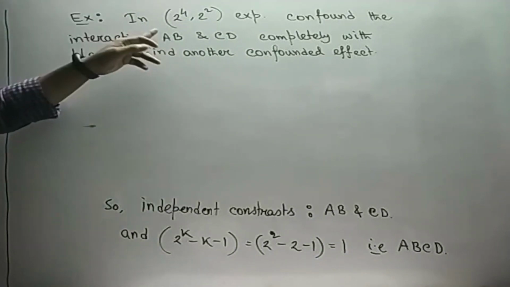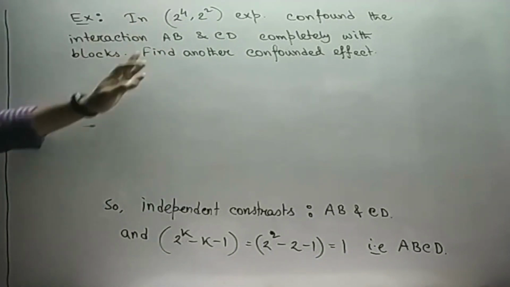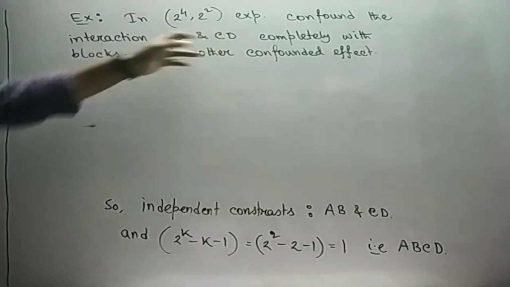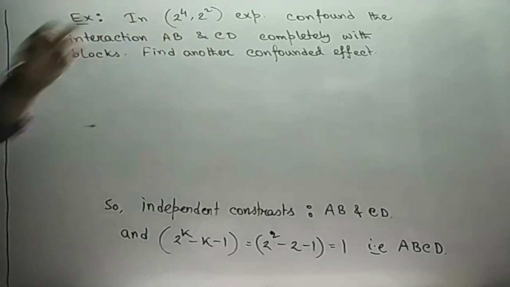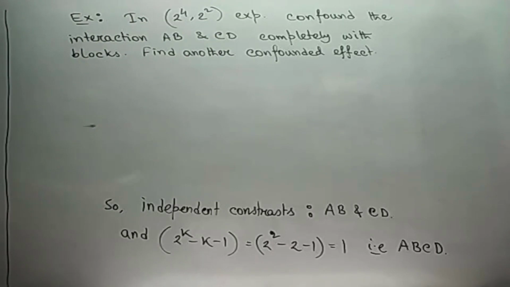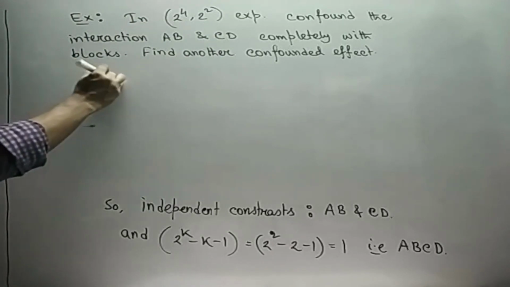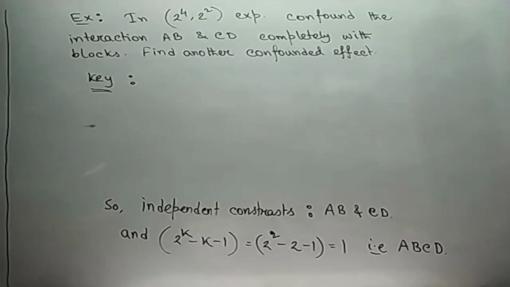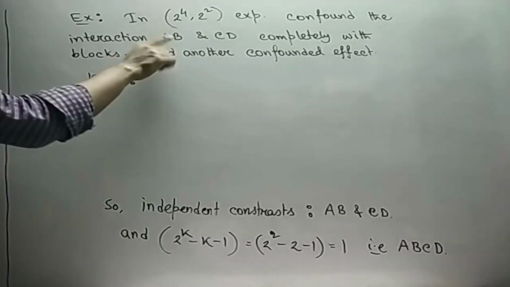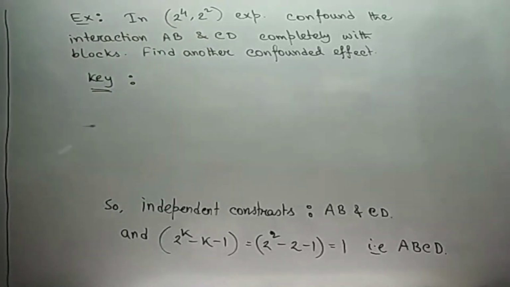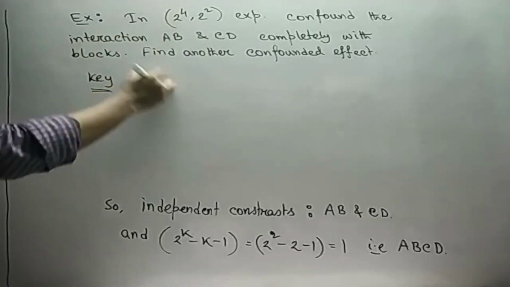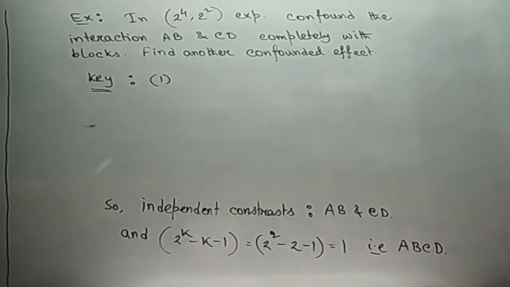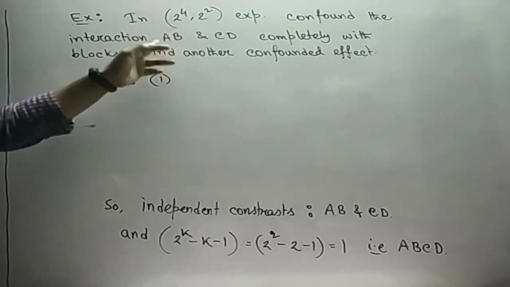which can be constructed by taking only no common or even number of common members from the effects which we have to confound. So the key block can be constructed like this: we have to confound AB and CD both. If we take no common member, then 1 will be that member, obviously no common member with AB and CD.